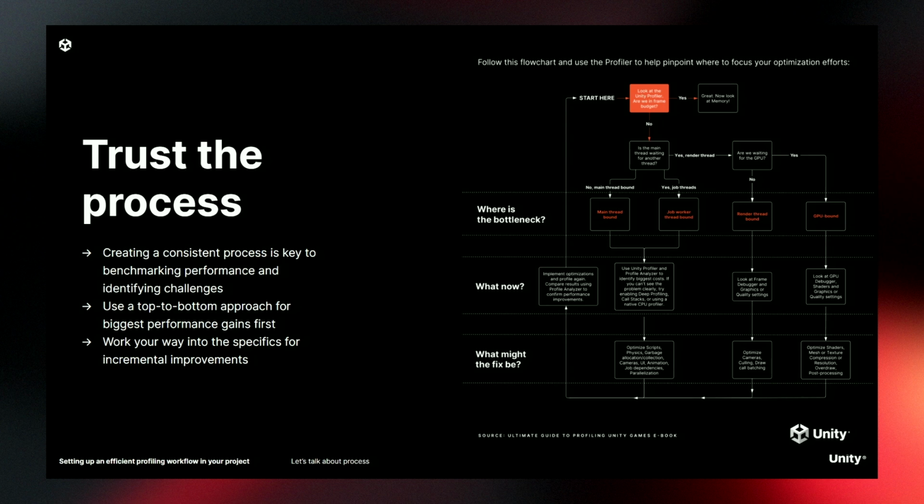So determine if your main thread is the limiting factor, or whether a job thread might be, which is a lot less frequent. We'll stick to the main use case, the main thread. If you're main thread bound, we go down here. We use Unity Profiler to better understand which systems are running and which are consuming the most time. It's nicely color-coded, which definitely helps. Spot where the issue is and focus on that first.